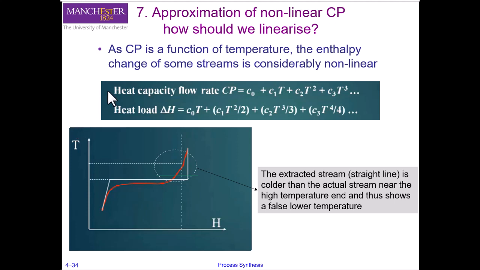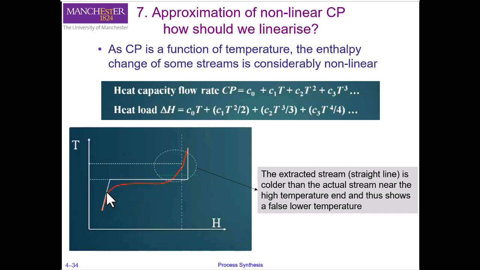So for example, we know that CP is a function of temperature, as you can see in this equation, and if you have a large range of temperature, like that is the case in our processes, we might have a situation where the stream has a non-linear CP, and that non-linear CP can be represented on this temperature enthalpy diagram here that is shown with this red line, and we can approximate this non-linear behavior or non-linear CP with these constant CP lines, these straight lines here.